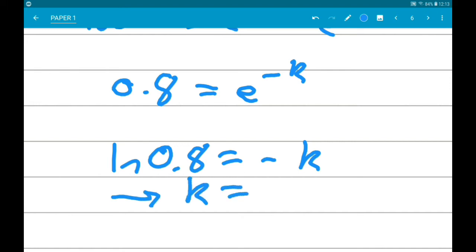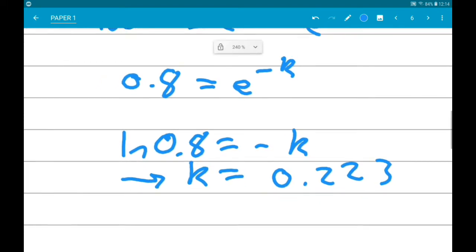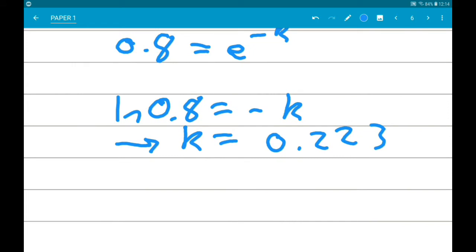And that is going to give us 0.223. So, now we can say that v is 20,000 e to the minus 0.223 t.